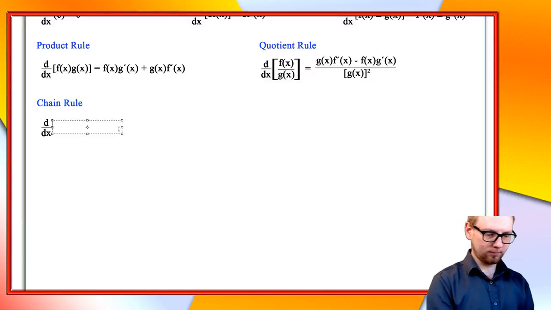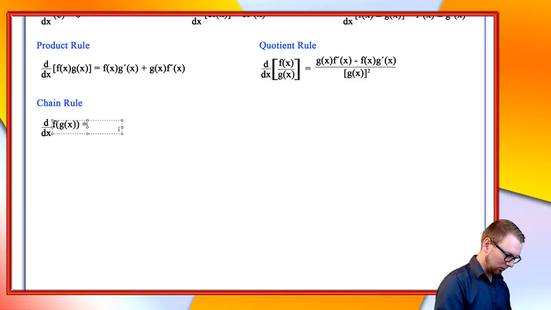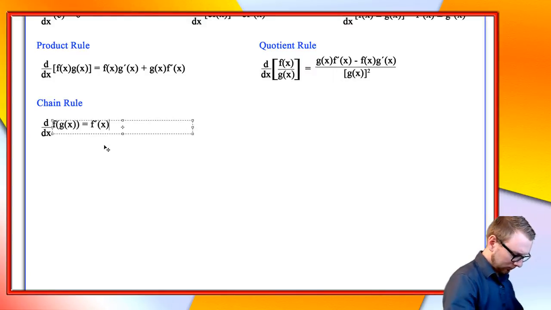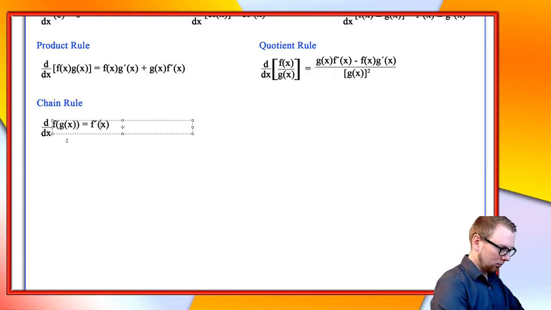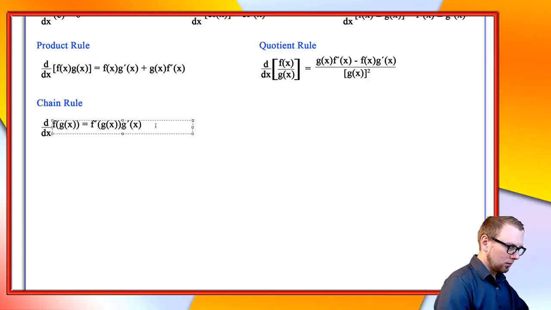F of g. Do it all in one line. Yes. F prime of g of x times g prime of x. Write the notation properly.